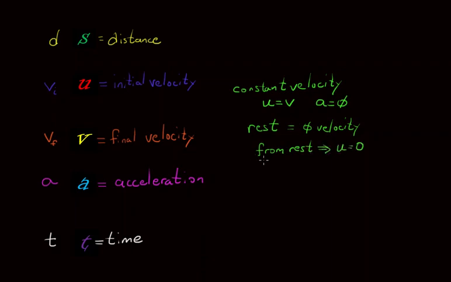If you are slowing down to rest, or some form of either one of these, then final velocity is going to equal 0. And I make my zeros like this to distinguish them from O.